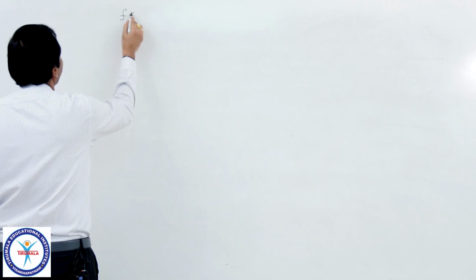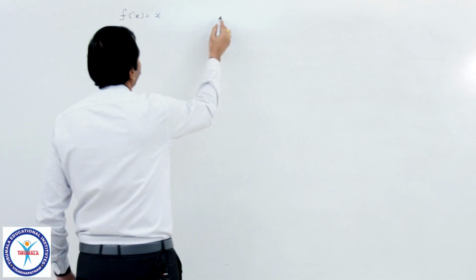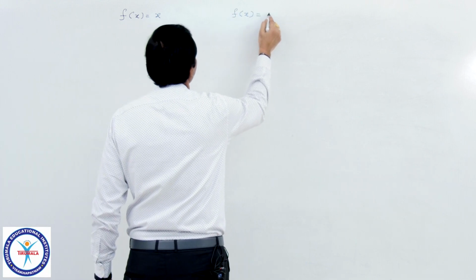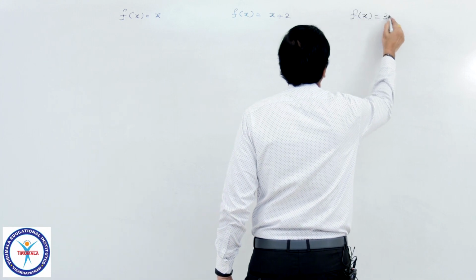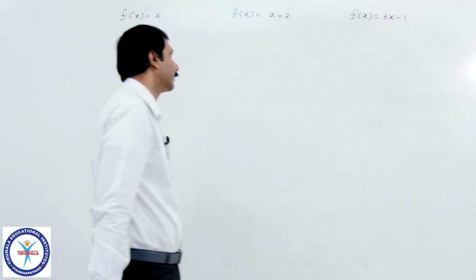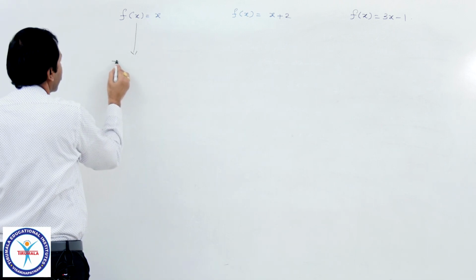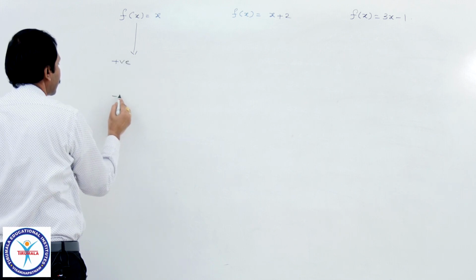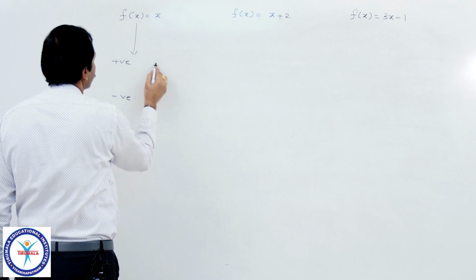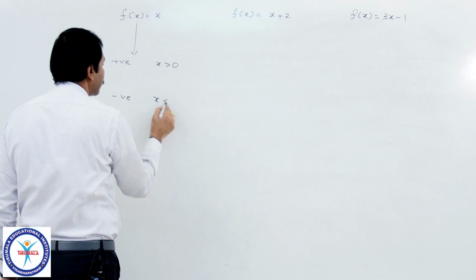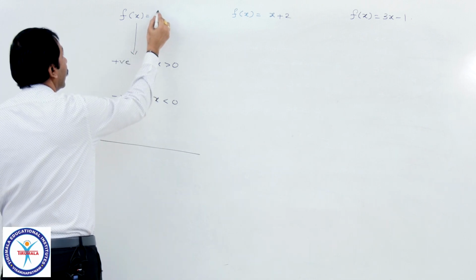Suppose I take f of x equal to x, or f of x equal to x plus 2, and f of x equal to 3x minus 1. Observe this. For what values of x is this expression positive, and for what values negative? For f of x equal to x, it is positive when x greater than 0 and negative when x less than 0, because it is a polynomial.